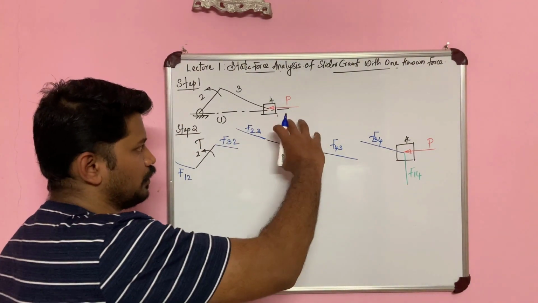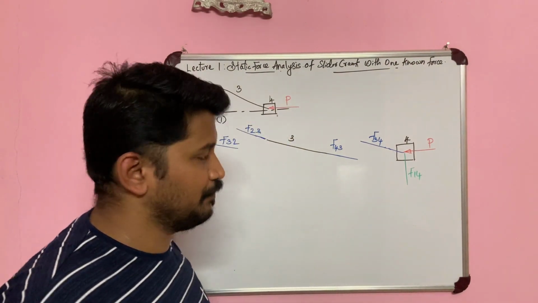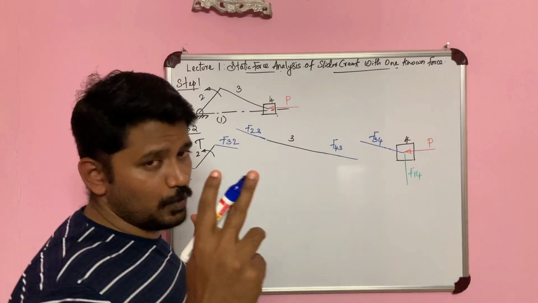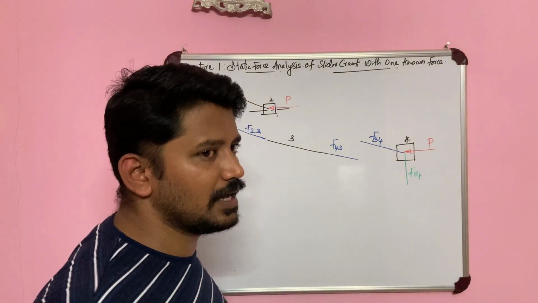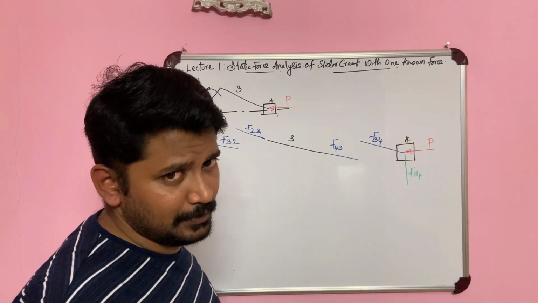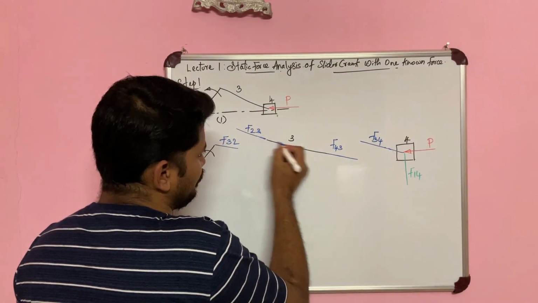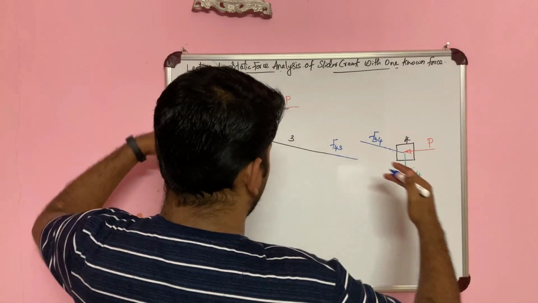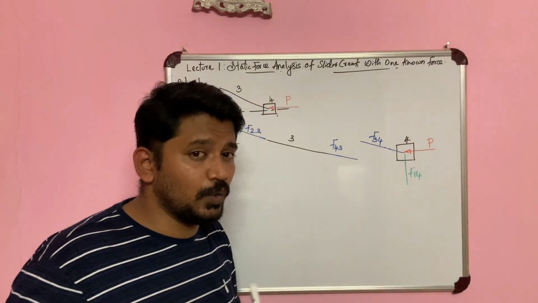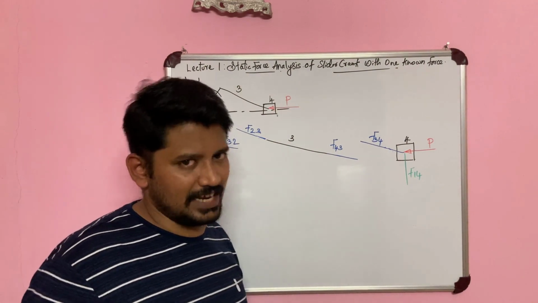So first, when we draw the free body diagram of my connecting rod 3, I know that it is a two force member, and the two forces are equal and opposite to each other, and they are collinear, right? So I know that F23 and F43 are equal and opposite, but I don't know their direction yet. I just know their line of action.